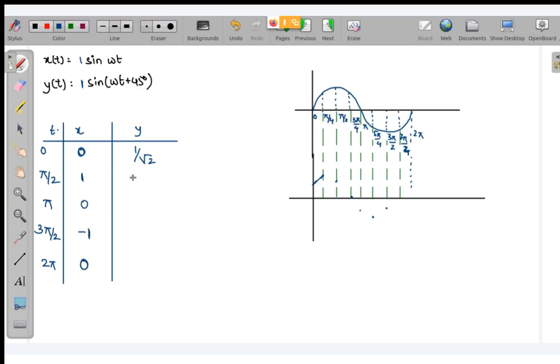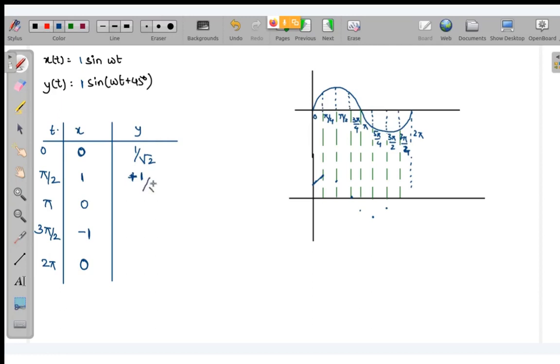So that is minus 1 by root 2. Is this value correct, sir? It will be plus 1 by root 2. 135, no? Yeah, it will be minus 1, I think. No, plus 1, sir. Plus 1 by root 2, no, sir? Yeah, so this will be plus 1 by root 2.